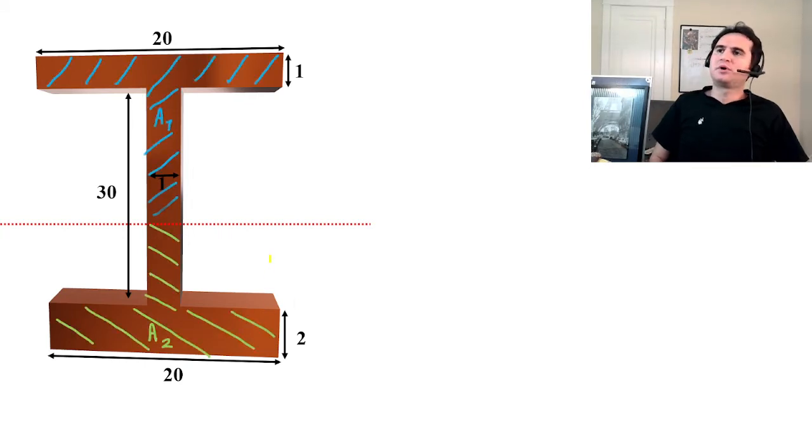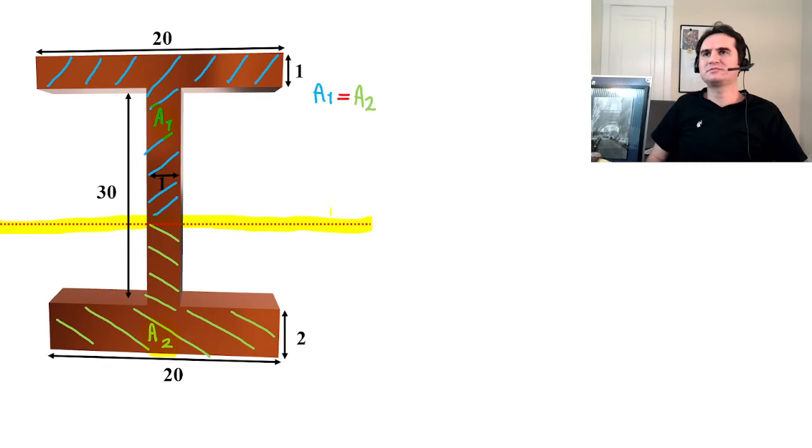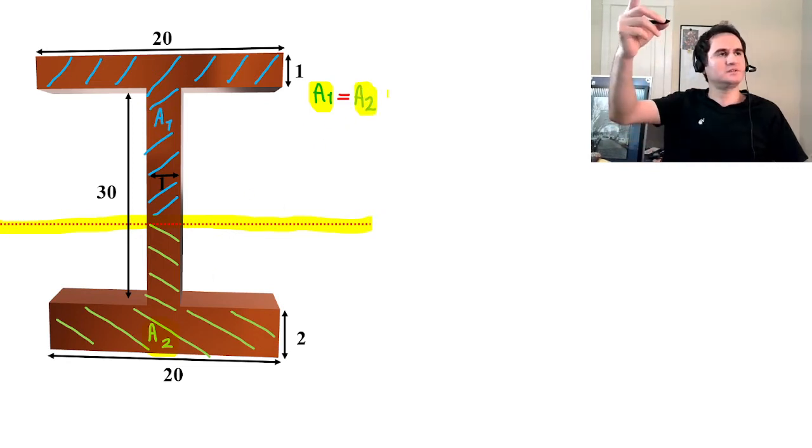So if this is the plastic center line, it says the area at the top, A1, should be exactly the same as A2. So the very first part is to calculate the two equal areas, where A1 is equal to A2, the upper part of the section.